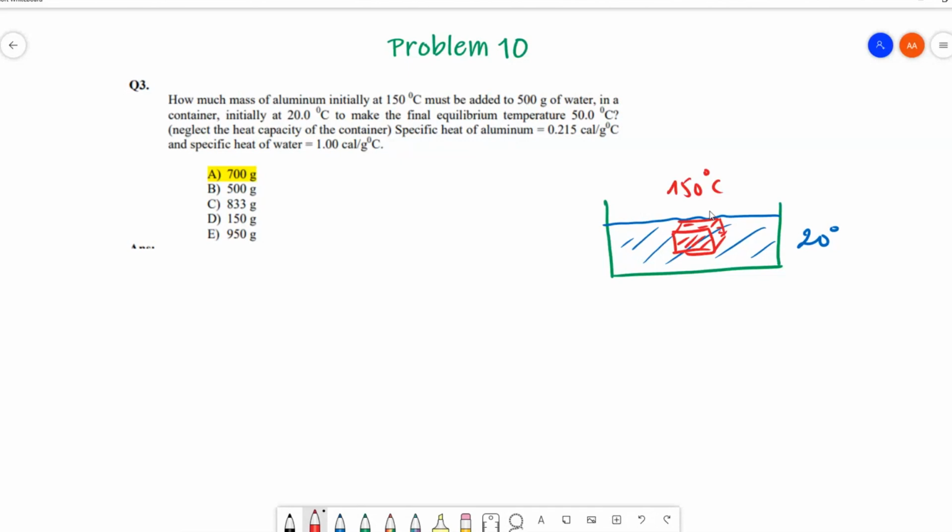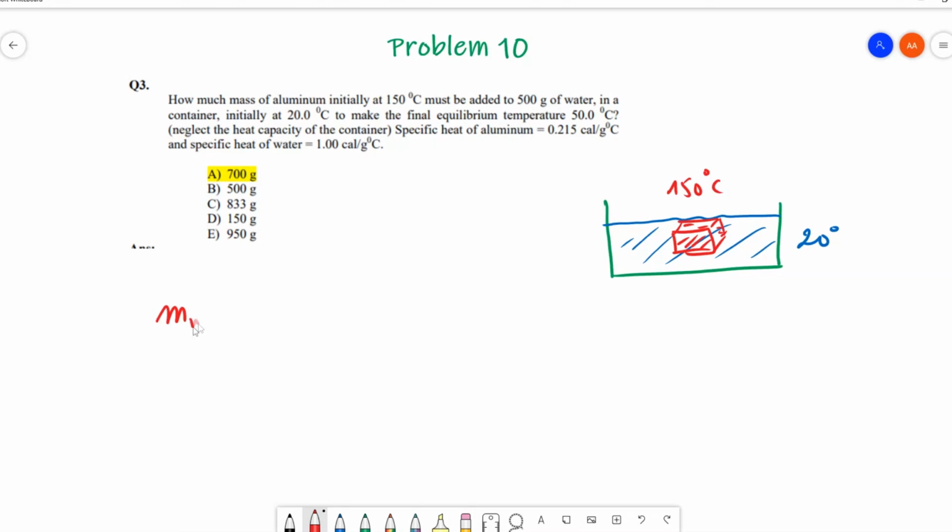So there will be exchange of heat between water and the aluminum. The heat released by this one will be the heat absorbed by the water. Here we have just two elements, so we can write directly an equality.